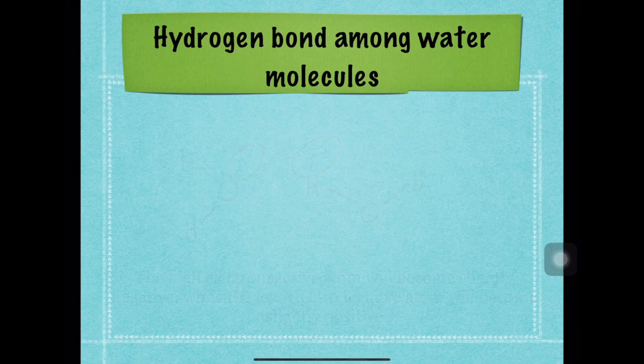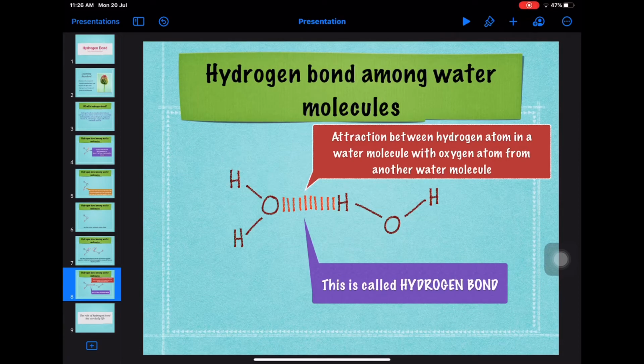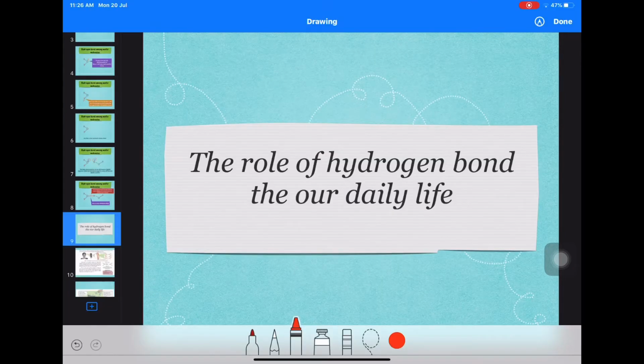So next, the attraction between the hydrogen atom in a water molecule and the oxygen atom from another water molecule. The attraction between the oxygen of one water molecule and hydrogen from another water molecule, we call it hydrogen bond. What is the role of hydrogen bond in our daily life?